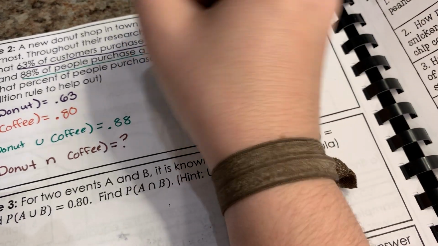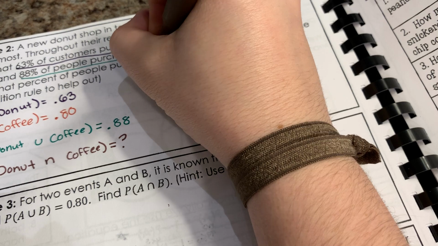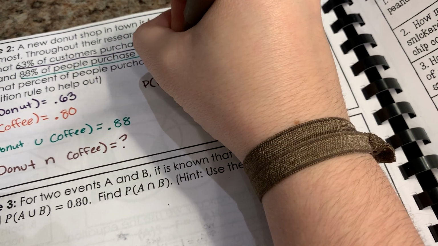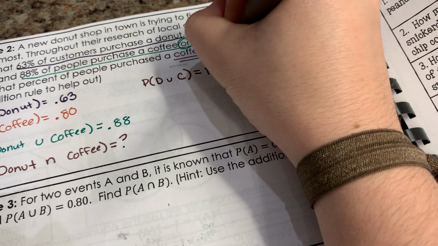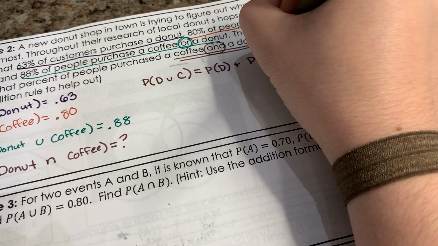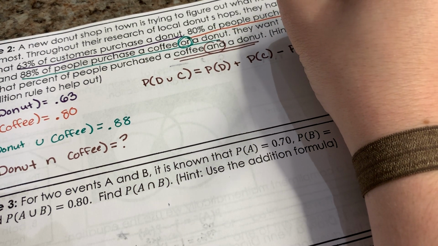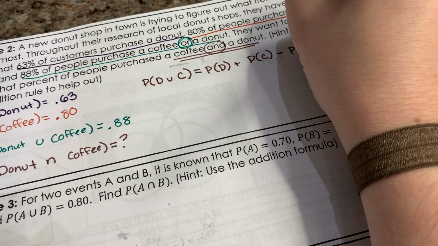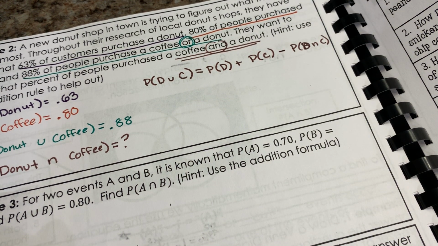Our addition rule goes like this: the probability of donut or coffee is equal to the probability of A, so that's donut, plus the probability of B, so that's coffee, minus the probability of donut and coffee.